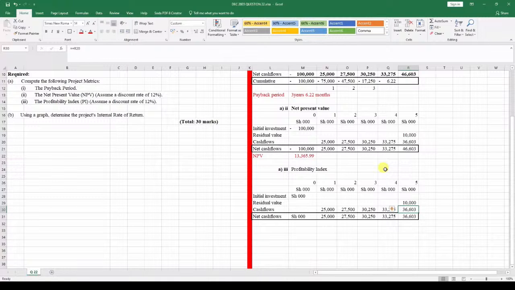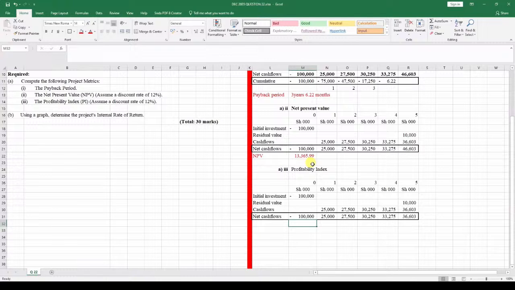So these represent the net cash flows. This is in shillings, so we just delete this and it's okay. But the initial investment picks from here, the net cash flows, that value there.